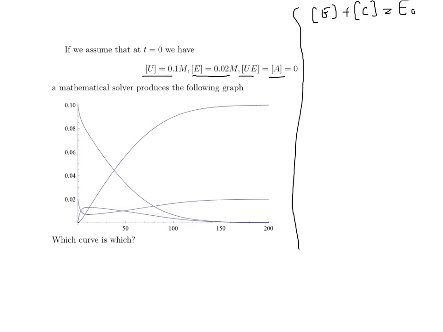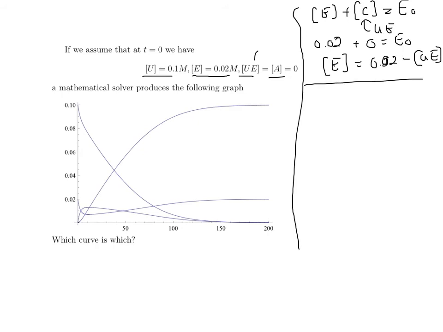For us, this is E plus UE, the complex, where UE stands for urease bound. Initially we have 0.02 moles of enzyme, so E0 will be 0.02. So wherever we see E in our formula, that's going to be 0.02 minus UE, the amount of complex.